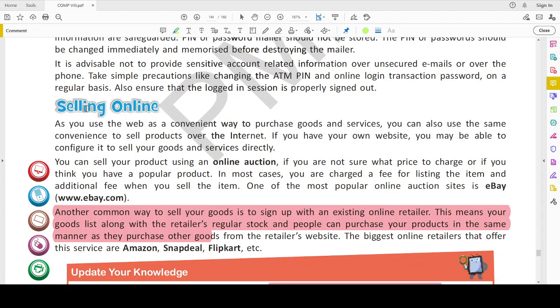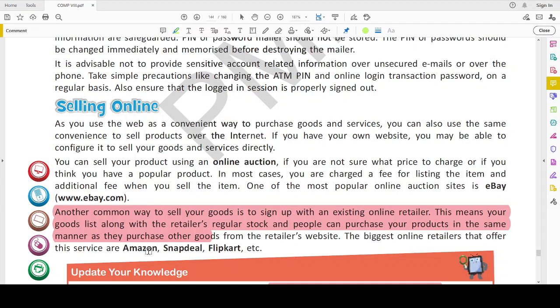So you can sell your product online through these giants like Amazon, Snapdeal. Even if you have your own website, you may not reach as many potential customers as they do, because they are rich, they are known to people, and they have a good reach to prospective customers.